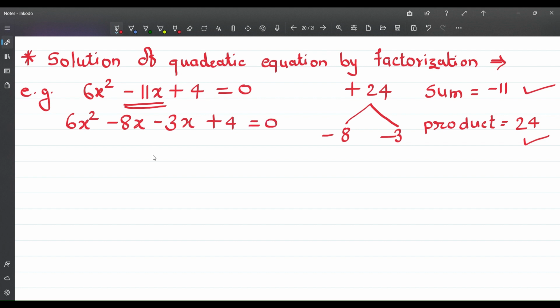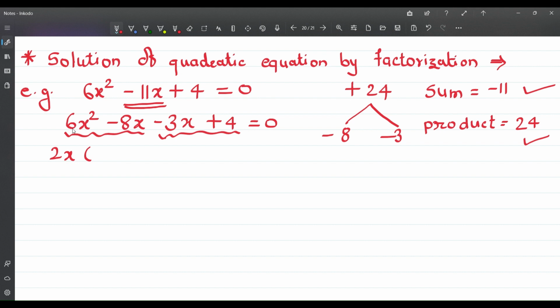Next, we have to take a common factor from these two terms. Here you can see 2 is common and x is also common.